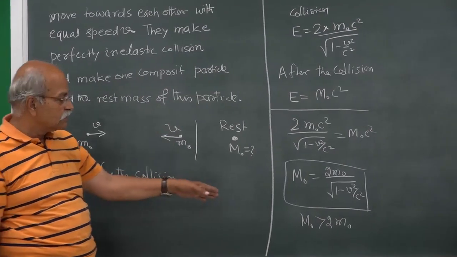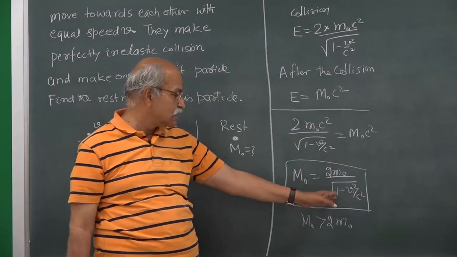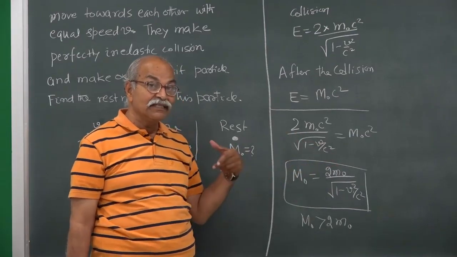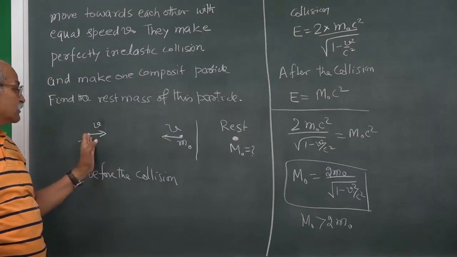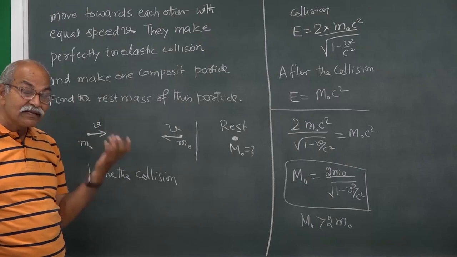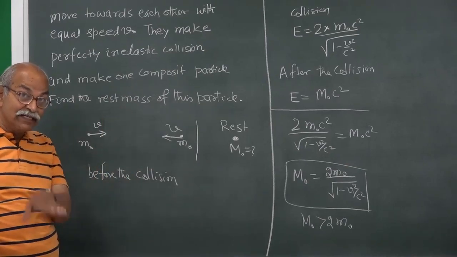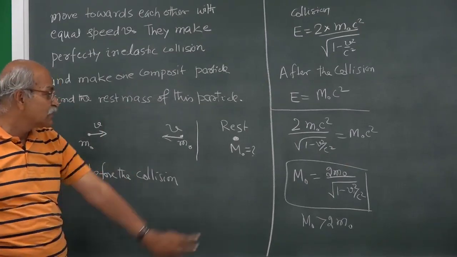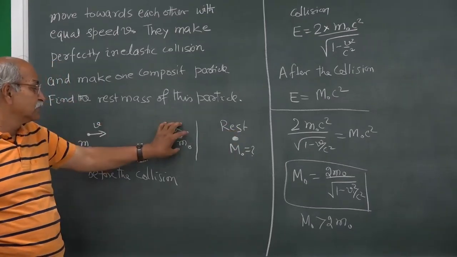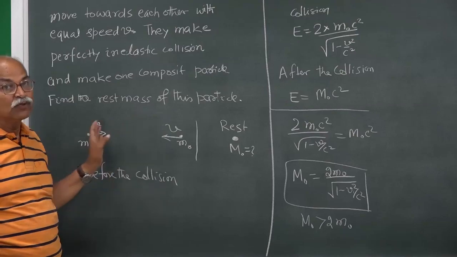After the collision, it is 2 m naught divided by this quantity. So it is more. So rest mass energy has increased. Whatever kinetic energy was lost because the particles come to rest is converted into rest mass, and the rest mass of this particle is more than the combined rest mass of these two particles.